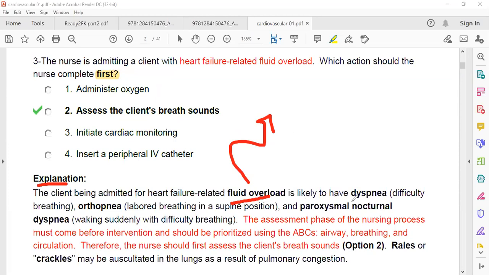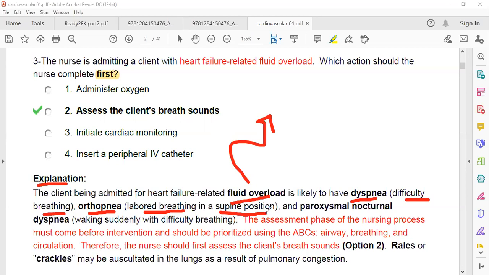They likely have dyspnea, meaning difficulty breathing, or orthopnea, meaning labored breathing in a supine position. So when the patient goes to a supine position, they feel shortness of breath.